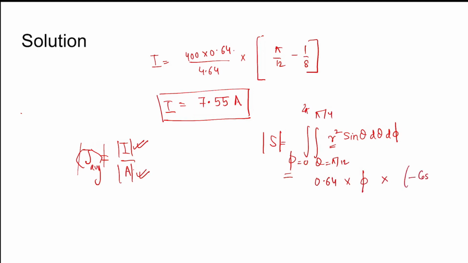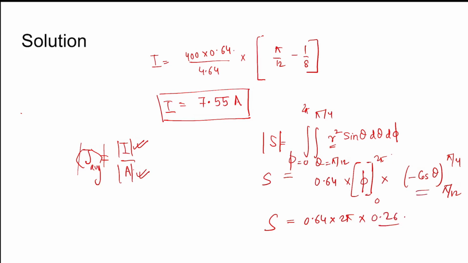The integration of sine is minus cos theta, with theta limits pi by 12 to pi by 4, and phi limits 0 to 2 pi. So S is coming out to be 0.64 into 2 pi multiplied by 0.26. If you calculate these limits, you get 0.26. So the net area is coming out to be 1.04.